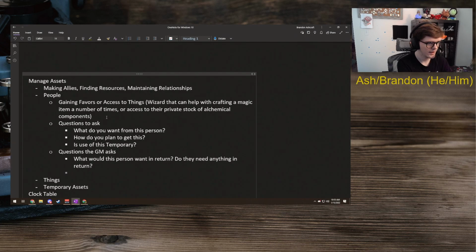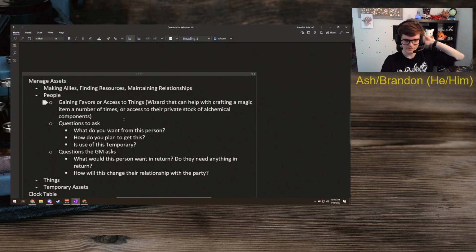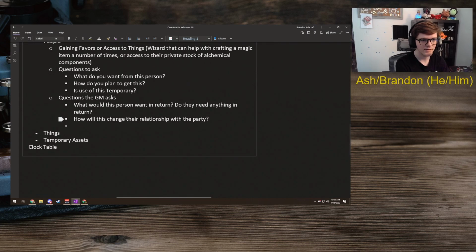And then how will this change their relationship with the party? Is it for good and bad? And then finally, is this something they would give willingly?